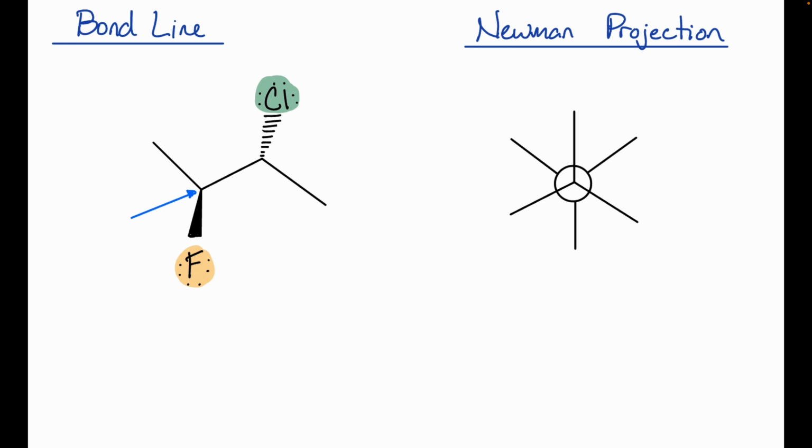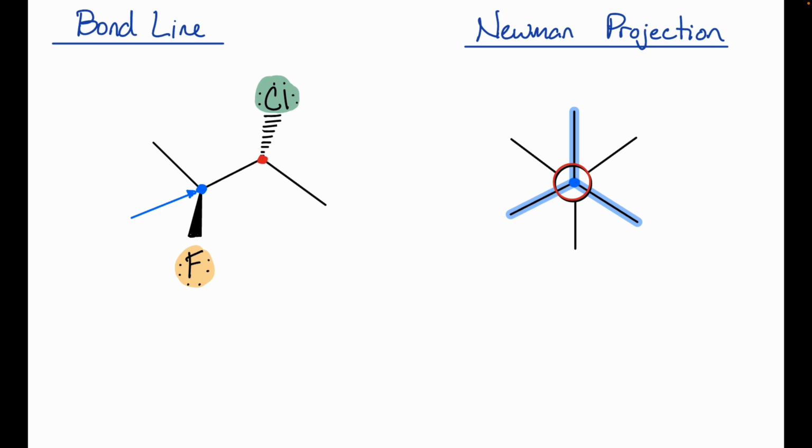Okay, so since I'm looking down these two carbons here, again, just to label again, this is my front carbon. So these are the bonds coming off of that front carbon. This is my back carbon, represented by the circle in my Newman projection.